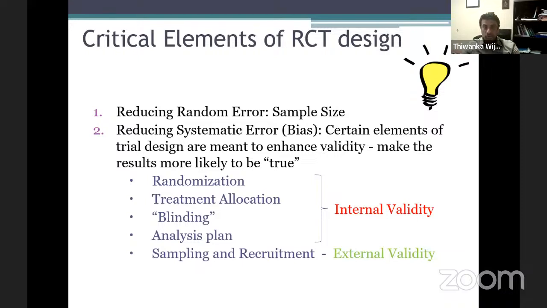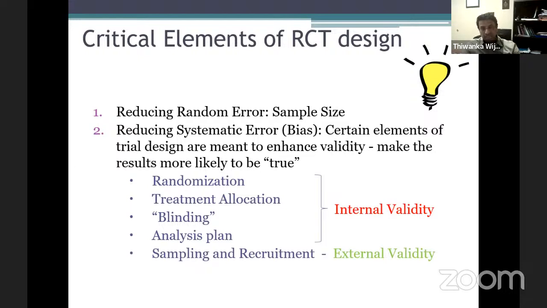You should be able to specifically look at the randomization. Was it standard enough that randomization actually happened? Treatment allocation. So are we allocating patients to different treatments in an unbiased way?